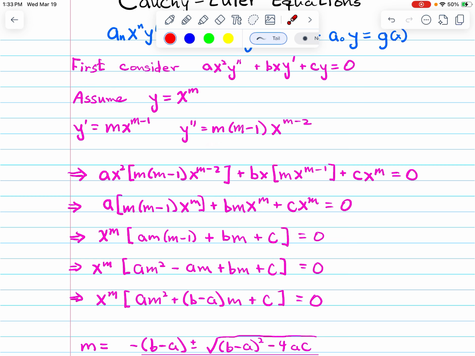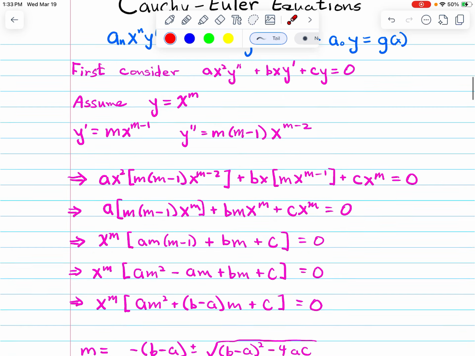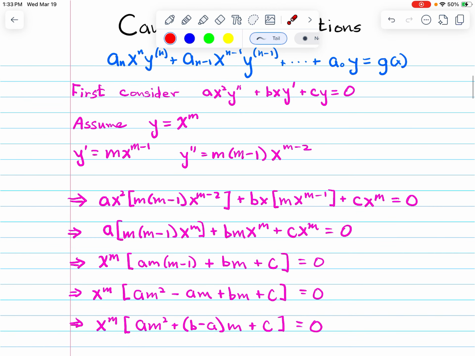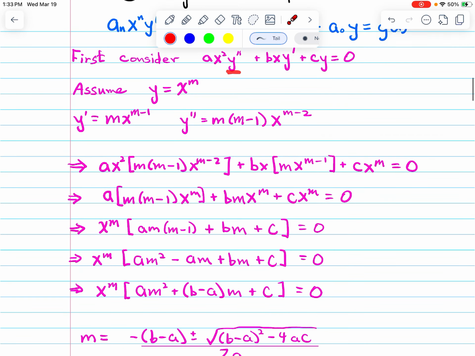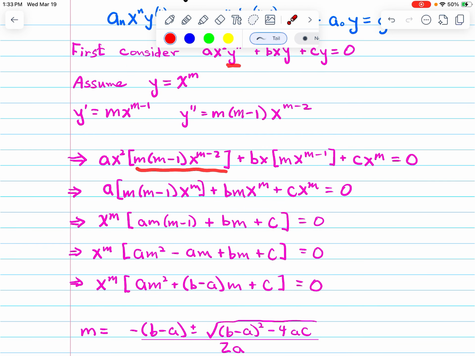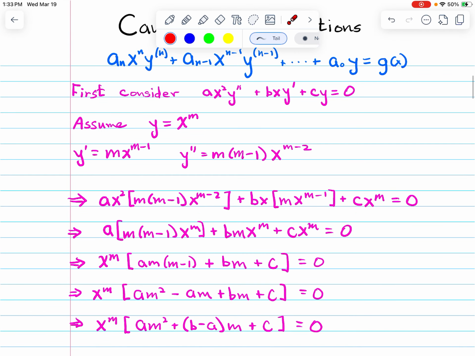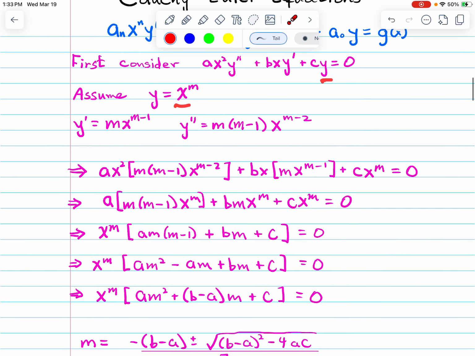And then we go back and plug those into the equation. I plug in the y double prime for the y double prime, and we get it right here. I plug in the y prime for the y prime right there. And then, of course, the y on the end is just x to the m.